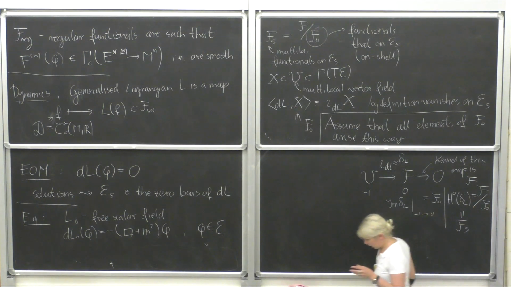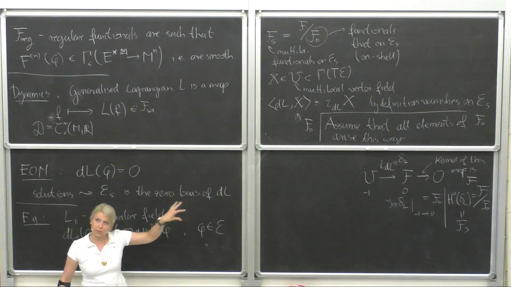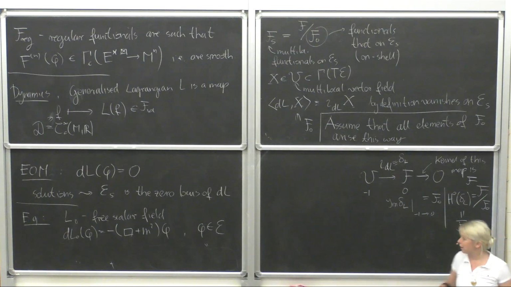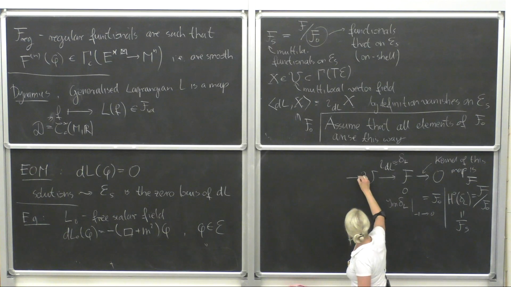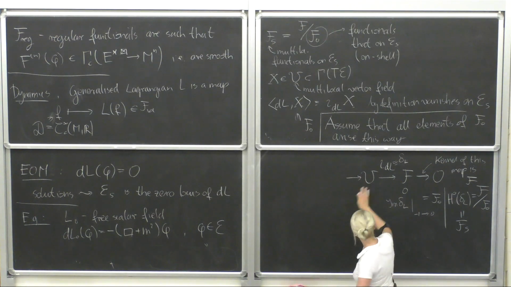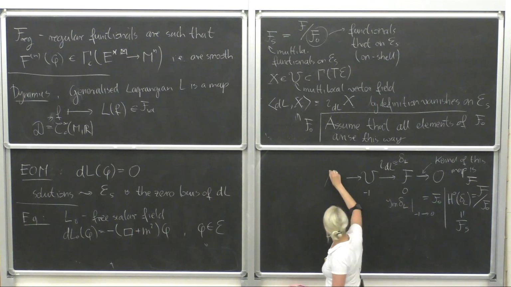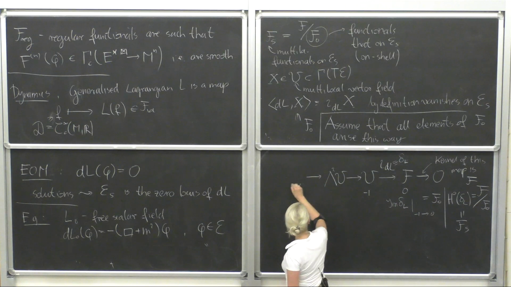Okay, so now I want to sort of complete this to something nicer. I want to complete this little stub of a complex into a differential graded algebra. So I'm going to take all the exterior powers of V, okay?